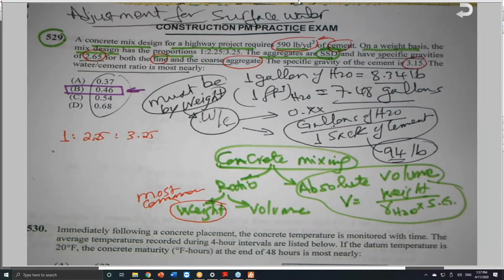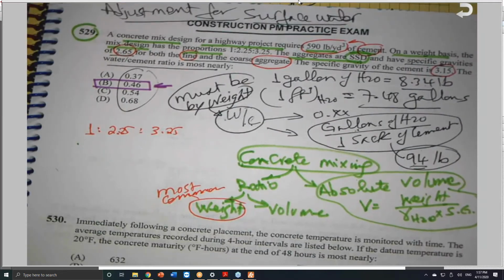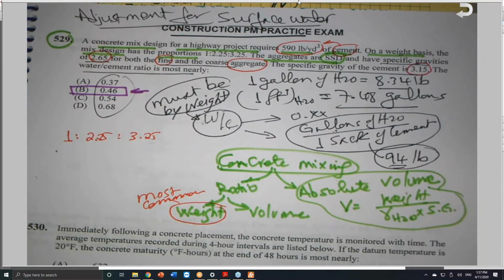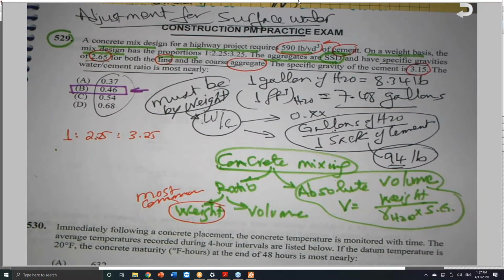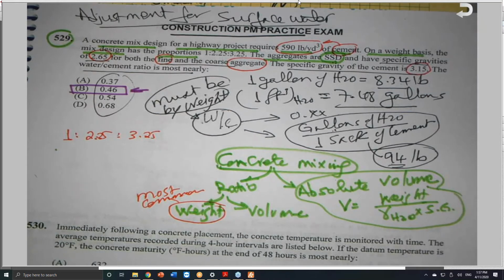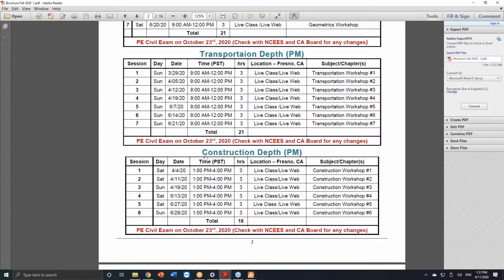Whether the problem is tricky or not tricky, you are going to ace it. And this coming October exam, I hope that things will improve, as I mentioned before. I believe it's coming October 23rd, the 3rd week of October 2020.